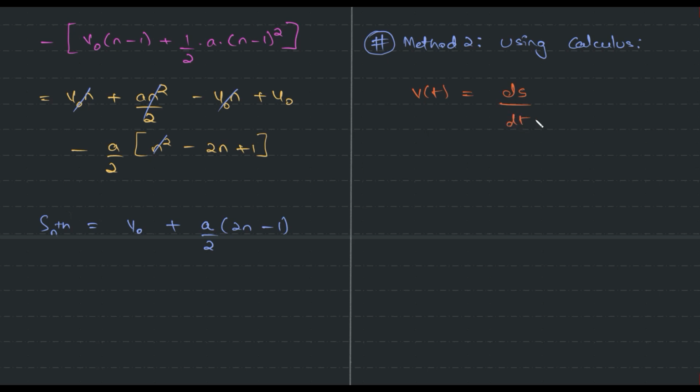Very simple and straightforward. But ds by dt is also equal to u plus at, because that's another expression for your velocity, v of t is equal to u plus at. Again, it's left to you guys how you want to write all of this across.